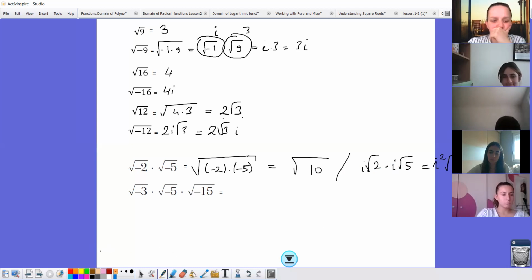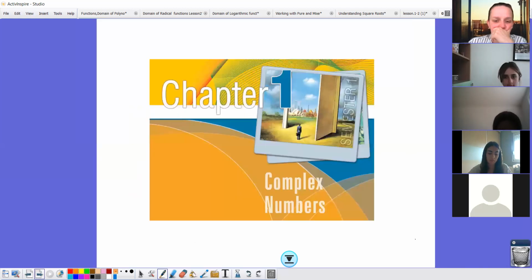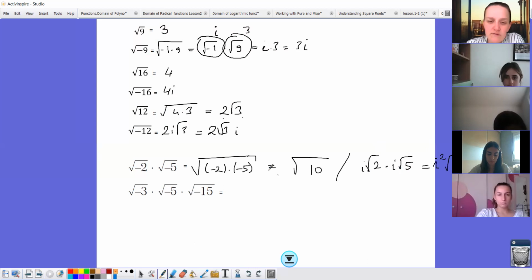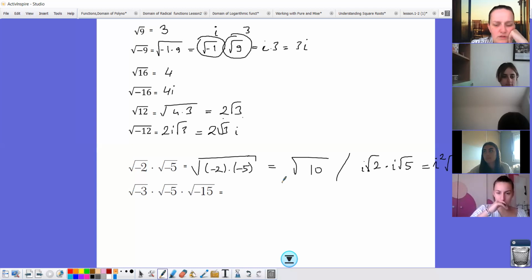What have we done here? Let me check something. What did we say for i squared? Look here, we found something else. Do we have any mistake here? i squared is -1. So here we found minus root of 10, and here we found root of 10. Where is our mistake? Minus times minus is plus.